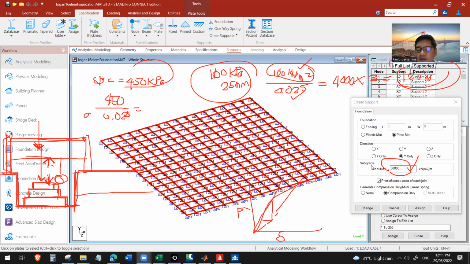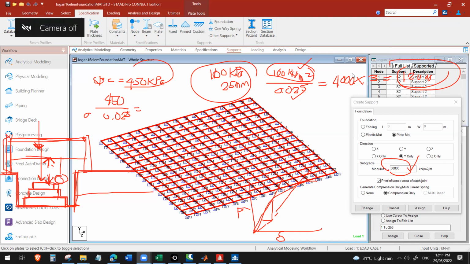Okay, so I assume 50,000 kilonewton per cubic meter, and then of course Y only, the option, because soil has no tension resistance, so compression only, and then plate mat.